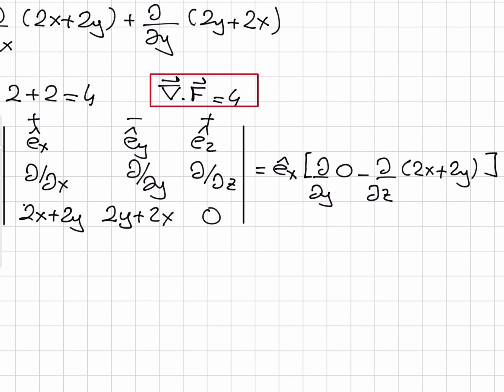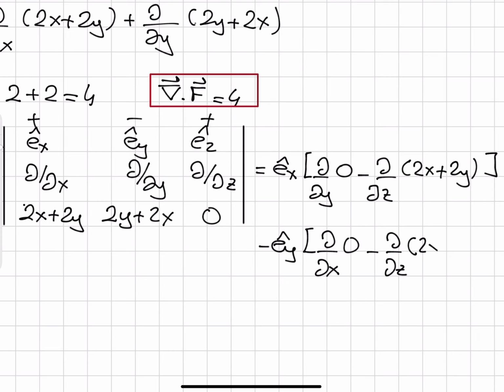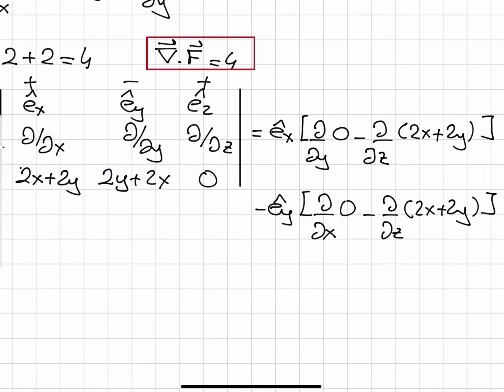And for the second term, minus ey hat term, I have to cross out the first row, second column, del x 0 minus del z 2x plus 2y, which is also 0.